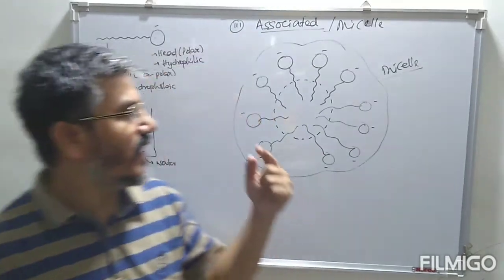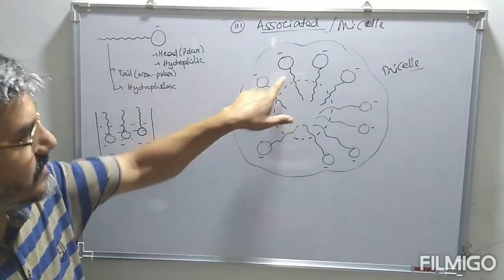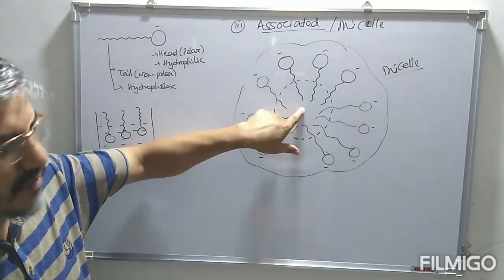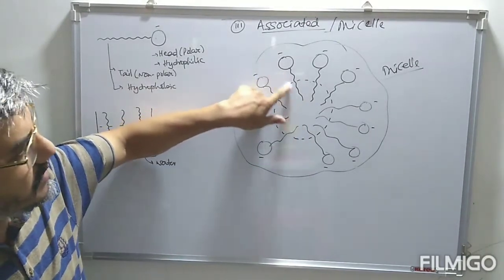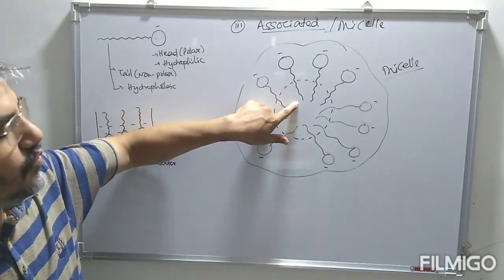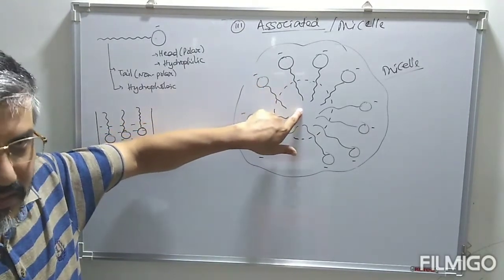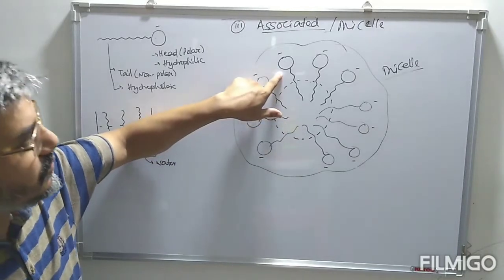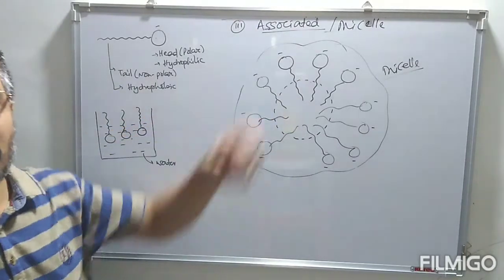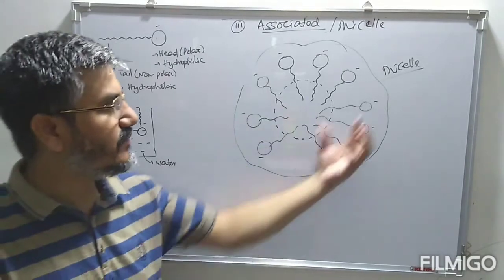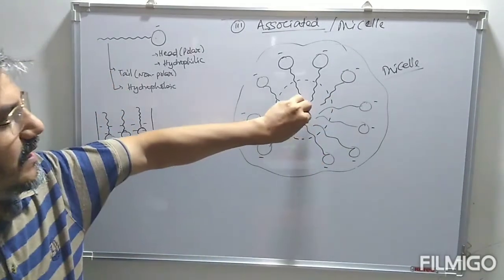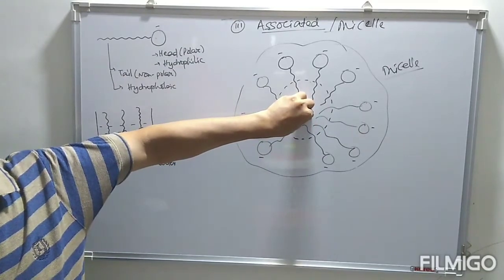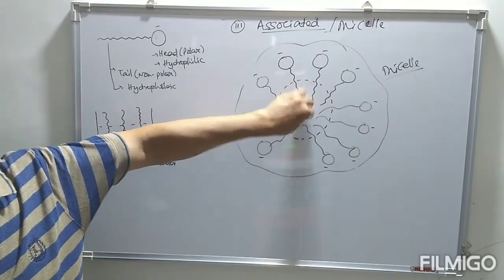That means the hydrocarbon tail will dissolve in this dirt, being an organic compound, oil or fat, and the hydrophilic part will remain in water, resulting in the formation of a micelle around this dirt particle.